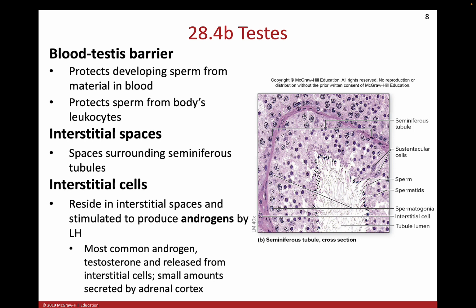Now, there is an interstitial space. This is the space surrounding the seminiferous tubules, and here we have the interstitial cells. The interstitial cells were formerly known as the cells of Leydig.